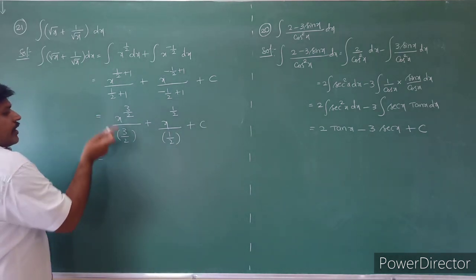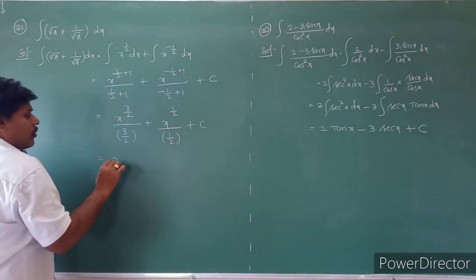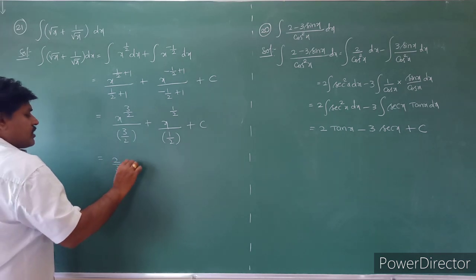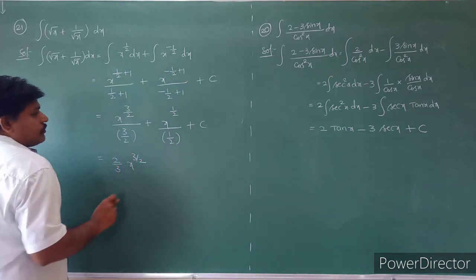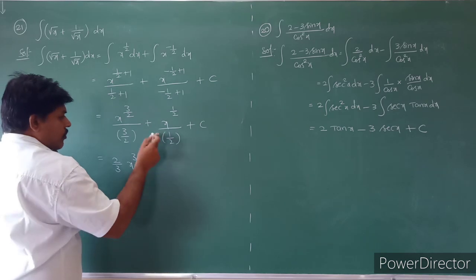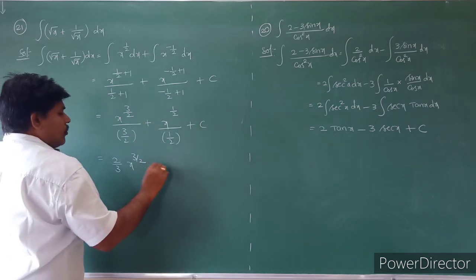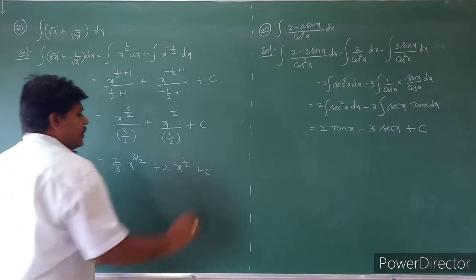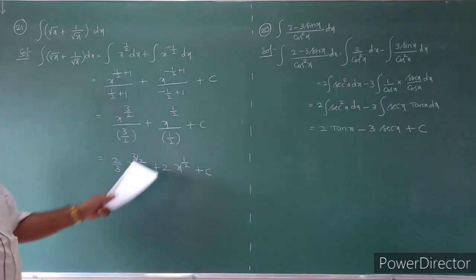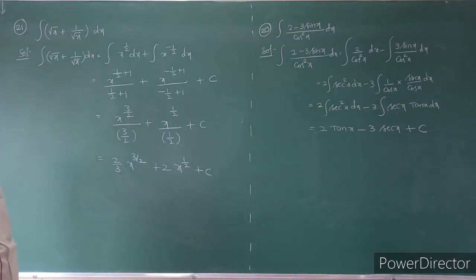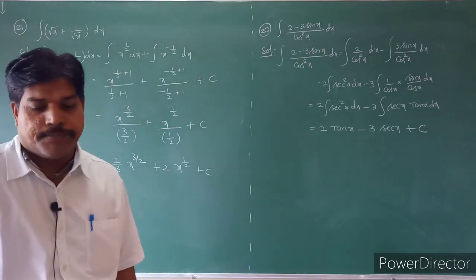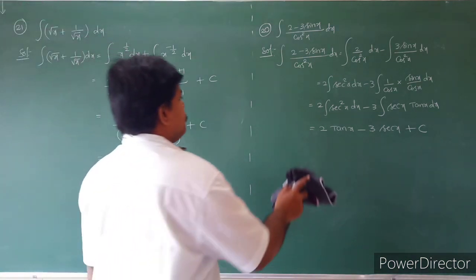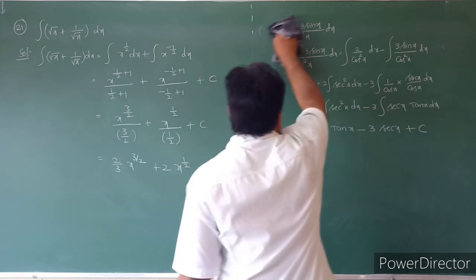So that is equal to, taking this term to the numerator, it will become 2 by 3 x power 3 by 2, plus 2 into x power 1 by 2, plus c. That is 2 by 3 into x power 3 by 2 plus 2 into x power 1 by 2 plus c.